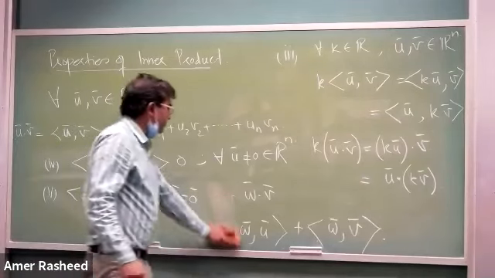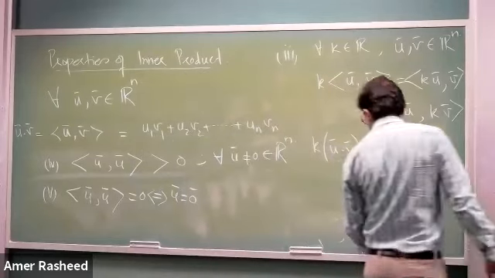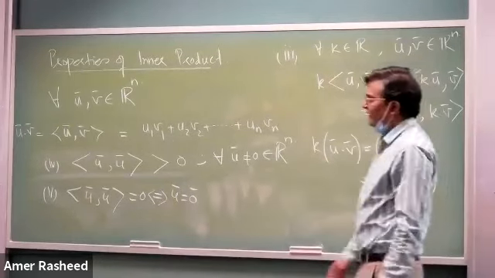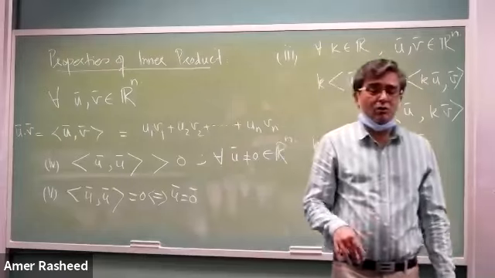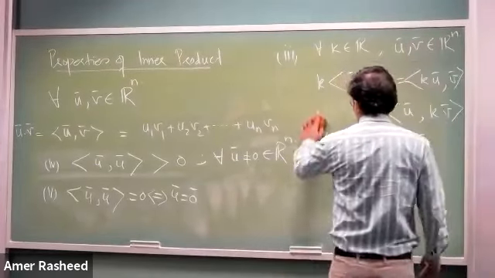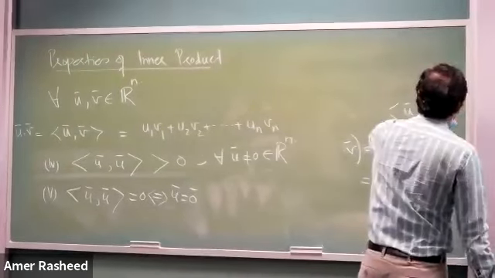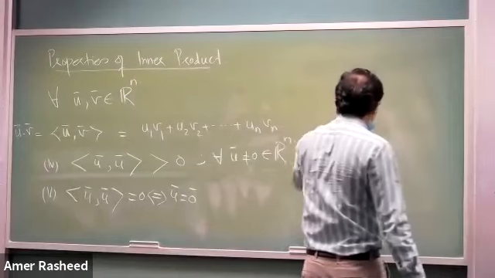Otherwise, it is not possible. The inner product or the dot product of a vector with itself is 0 only if the vector itself is 0. These are certain very basic properties of the inner product which you should know.